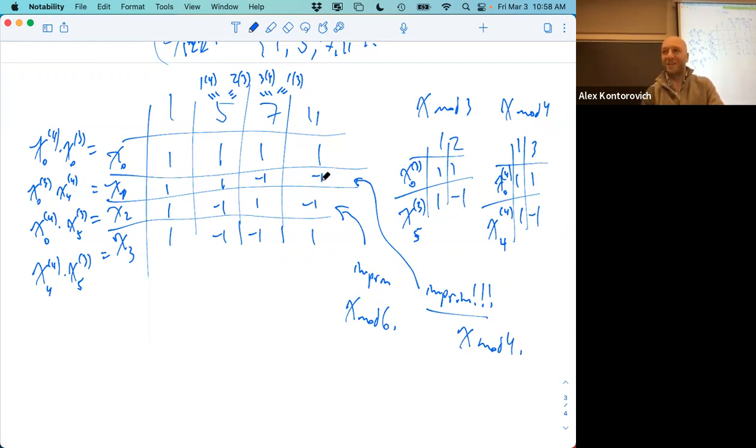That's its extra periodicity. So it's the character mod 4 that has been zeroed out at multiples of 3. Then like for the third row, you don't have to say mod 6, you can just say mod 3. This row. Yes, in fact, the character mod 6 is a character mod 3.